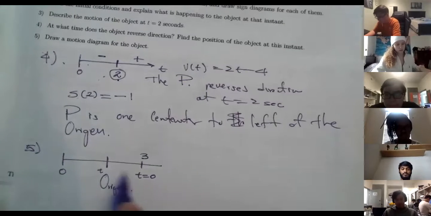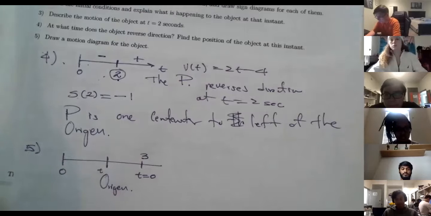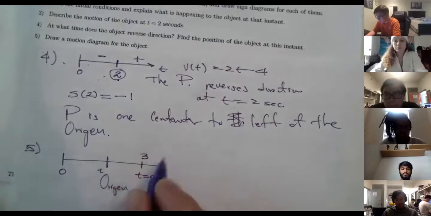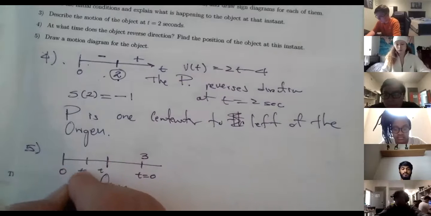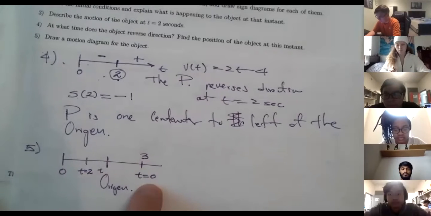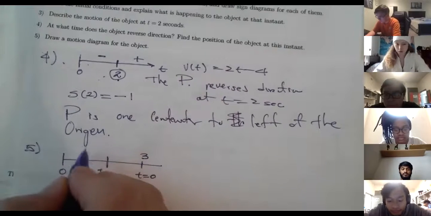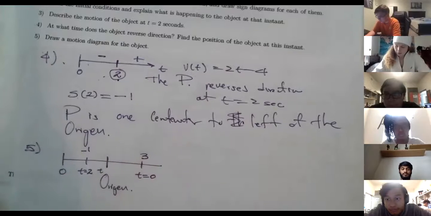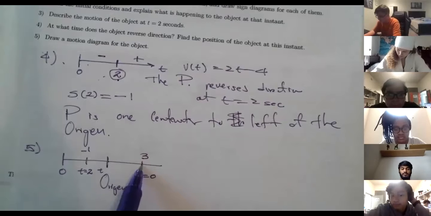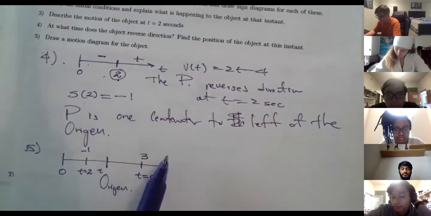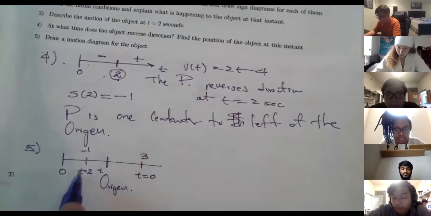And when the time is 2 seconds, the object is at -1, right? So that's the origin. When the time is 0, the initial position is 3. When the time is 2, it is there.